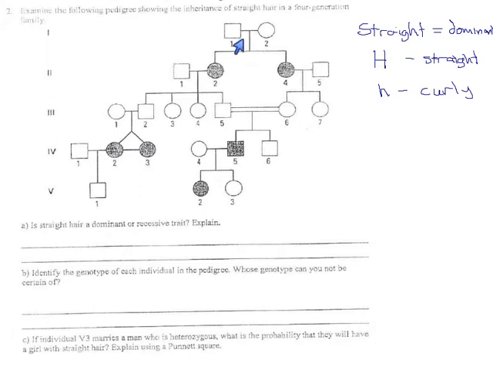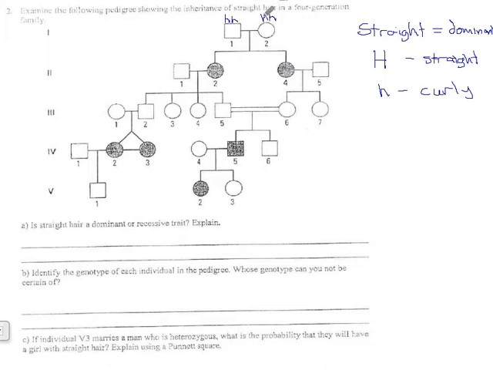So if we have this, the two grandparents both have curly hair apparently. So they're not affected by the straight trait. That would mean they're both little h, little h.